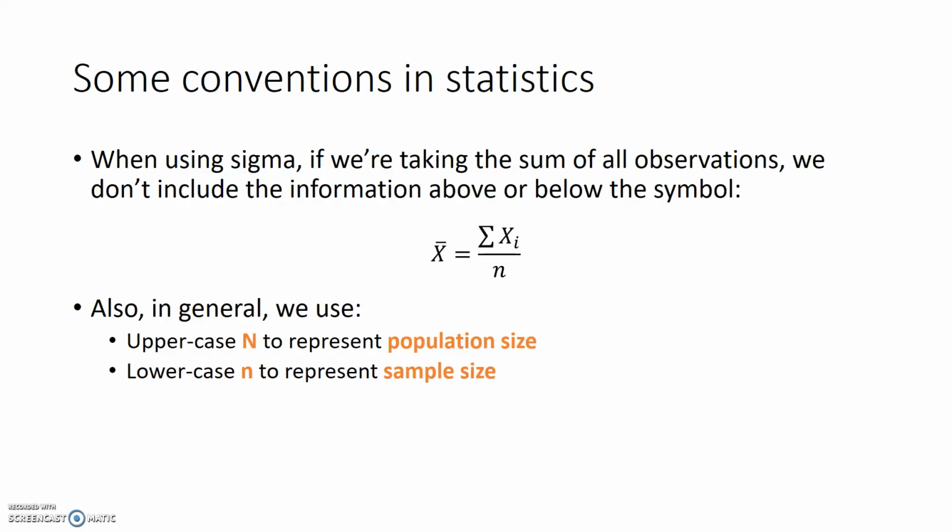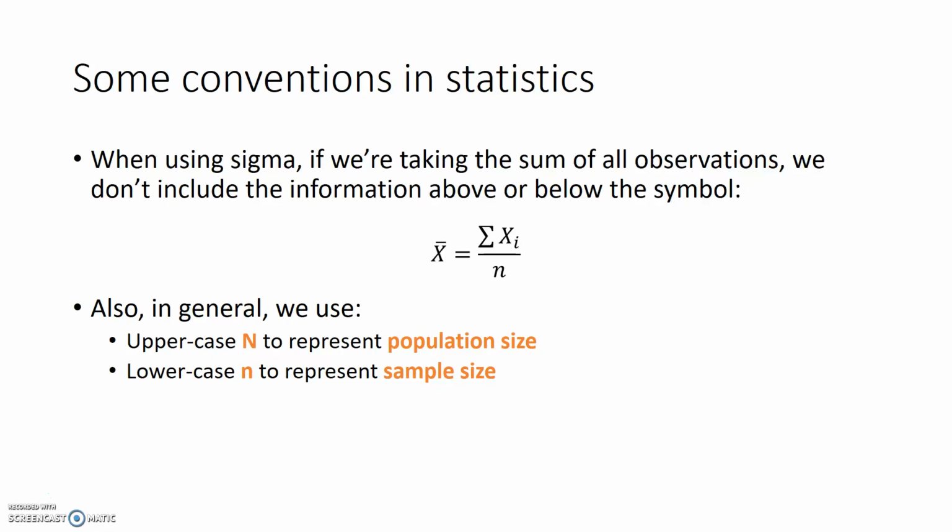Now, a few additional conventions that we're going to use, beginning now and more often as we go into statistics. Number one, when we're using sigma, if you don't see i equals 1 below and some number above, if both of those are absent and we just see the Greek letter sigma, this indicates that we're going to take the sum of all values.